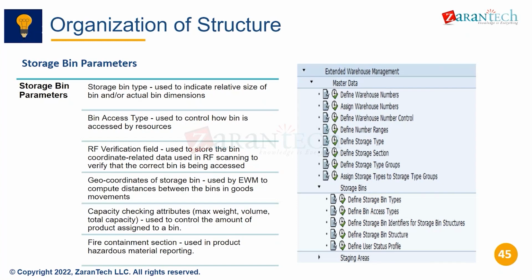Based on this organization structure, everything is going to be performed going forward in the warehouse for each and every activity. If you have any doubts or queries, feel free to ask.